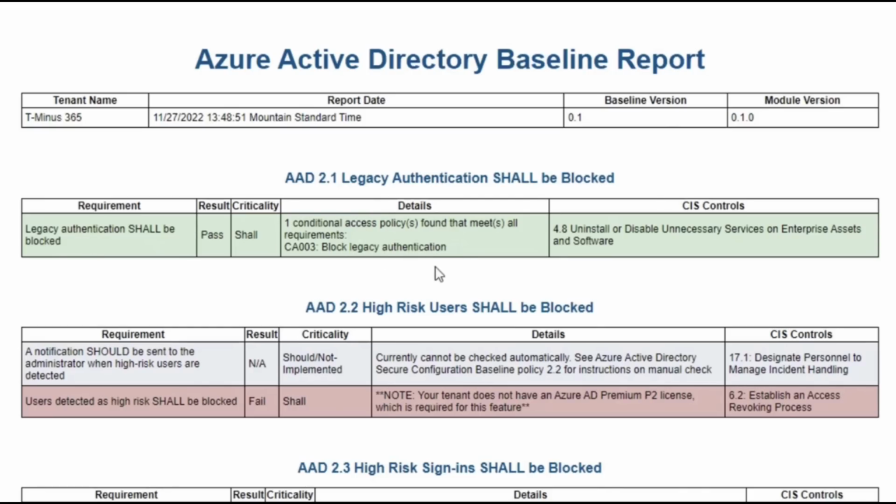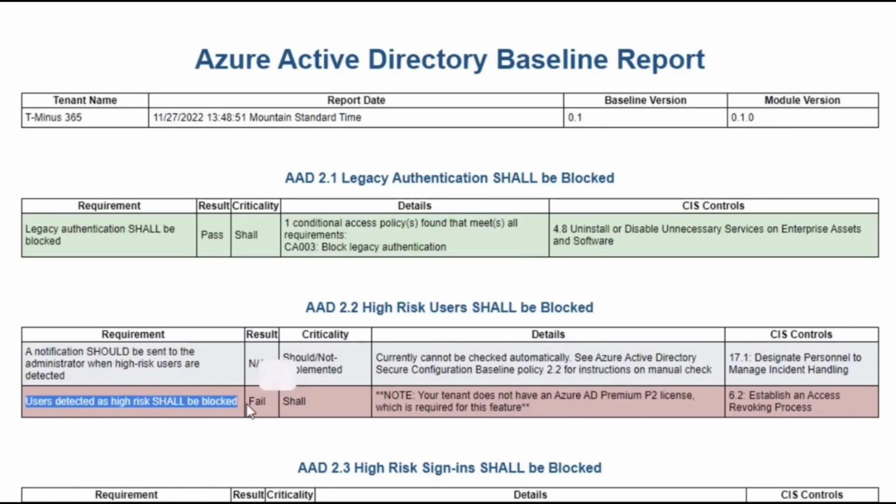So you get 3 color levels here. Green means you're compliant and everything's great. Grey means that perhaps there's more work that could be done, and red means that you haven't configured it. Grey could also mean that you don't have the correct license. And that's the other thing that's really useful about this.